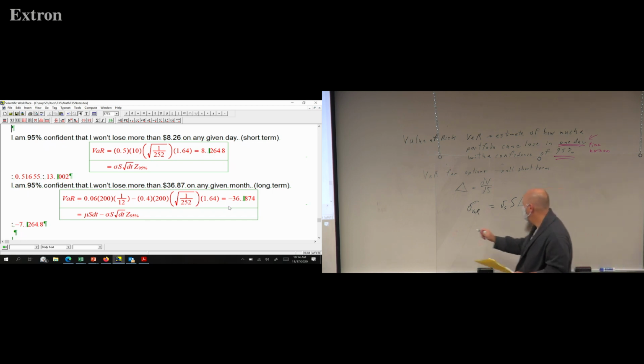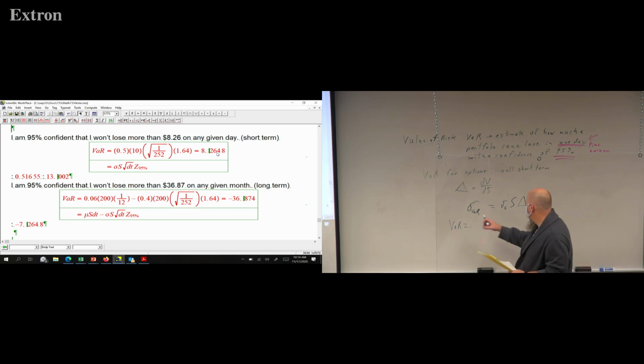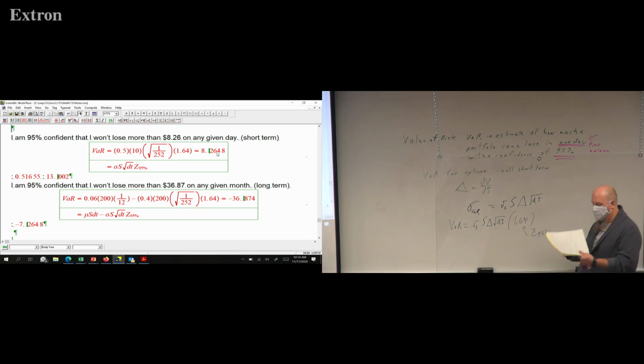And so my value at risk, I'm going to use this formula up here where I've got the standard deviation of the stock, the delta for my option, root dt, multiplied by the 1.64 if we're talking about a confidence interval of 95%, or 2.58 if I'm thinking about 99%.